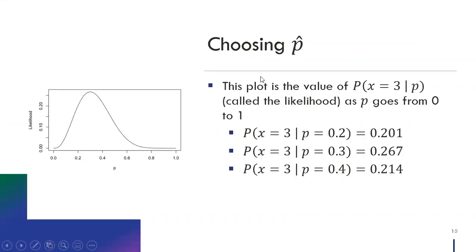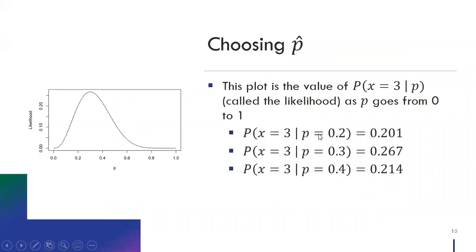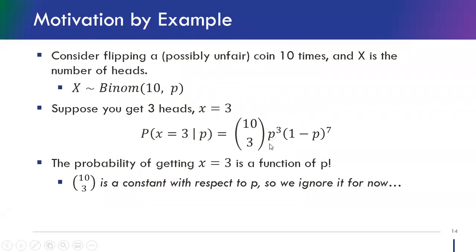Now let's calculate this P hat, trying to get a P hat that can maximize this probability. We tried a couple of different values for P. This P is the one that we're trying to estimate. We tried a bunch of different values for P and calculated this value.